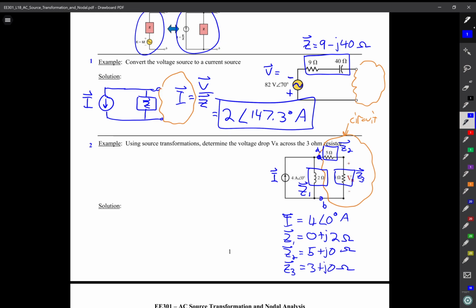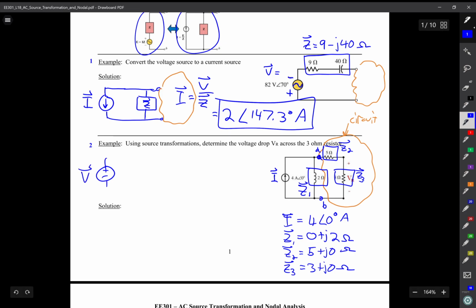So I've defined all the elements in my circuit, and what I want to find is the voltage VR across the 3 ohm resistor, or the impedance Z3. So I notice that I have a source transformation, and I'm going to go ahead and redraw that as a voltage source, minus to plus from bottom to top, because the arrow is pointing up.